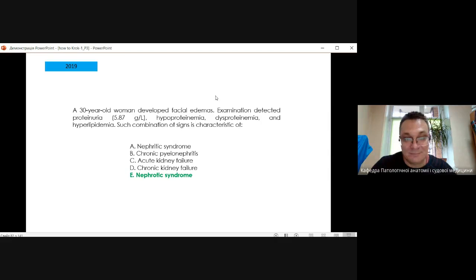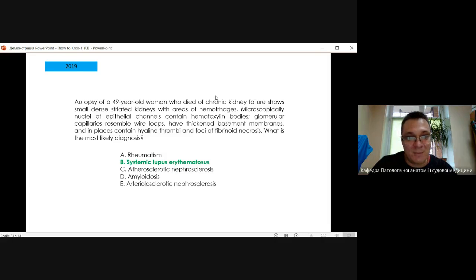Nephrotic syndrome, that's rather pathophysiological question anyway. Nephrotic syndrome, hypoproteinemia, dysproteinemia, and hyperlipidemia due to the severe proteinuria. Again, question about systemic lupus erythematosus, and again, the main key word here, there's the wire loops in the glomerular apparatus.